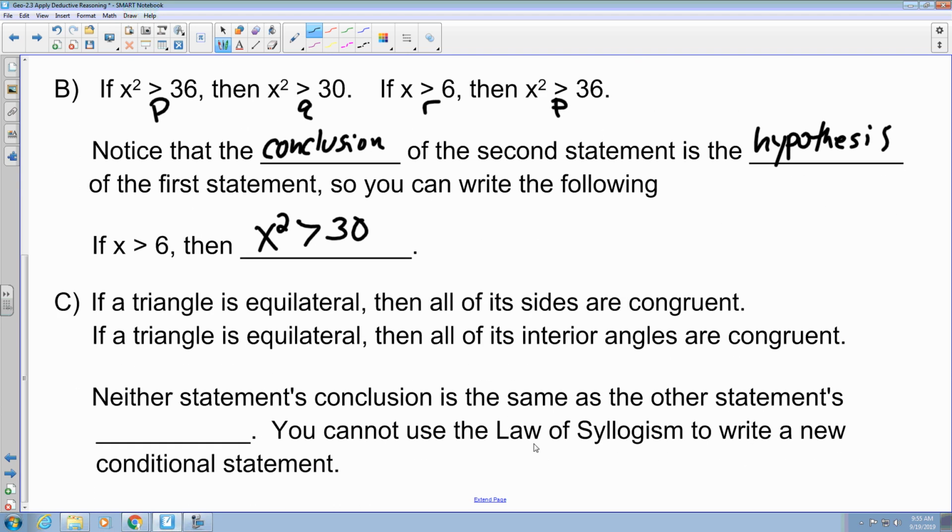So here it says if a triangle is equilateral, then all of its sides are congruent. If a triangle is equilateral, then all of its interior angles are congruent. So neither statement's conclusion is the same as the other statement's hypothesis.